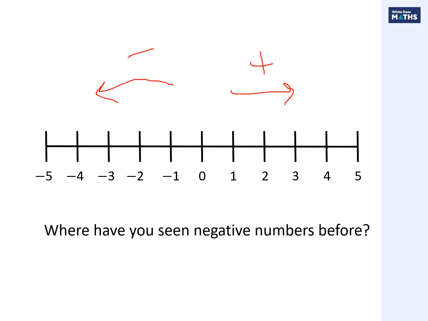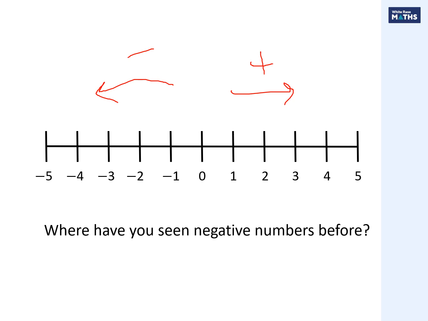So where have you seen number lines before? For example, on thermometers, for the temperature of a city region, or the temperature of tea or coffee.